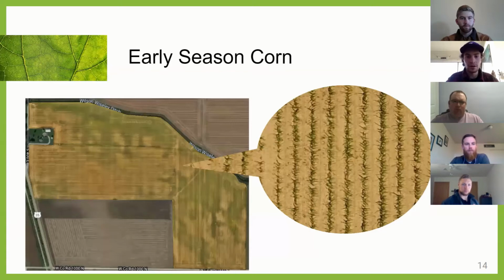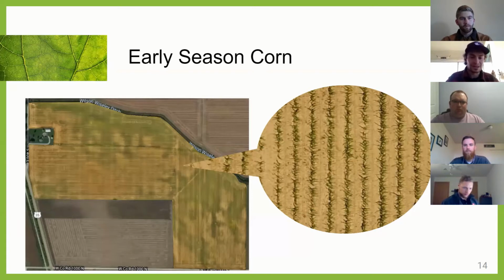Moving on, we're looking at an early season corn crop. And this is also a pretty interesting field for a lot of reasons. The first thing that you see even on the RGB is a huge disparity in emergence across this field. Those darker patches in the north end contrast really dramatically with the lighter patches on the south end of the left-hand side of this northern side of the field.